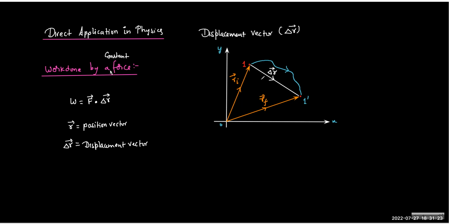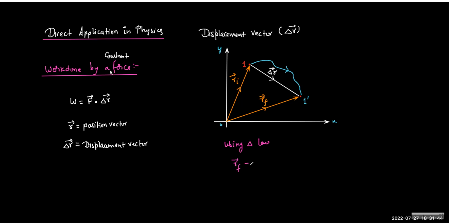And again you can see it's a triangle. So using the triangle law, can we relate these terms? Tell me guys, anyone? Rf is equal to Ri plus delta R.